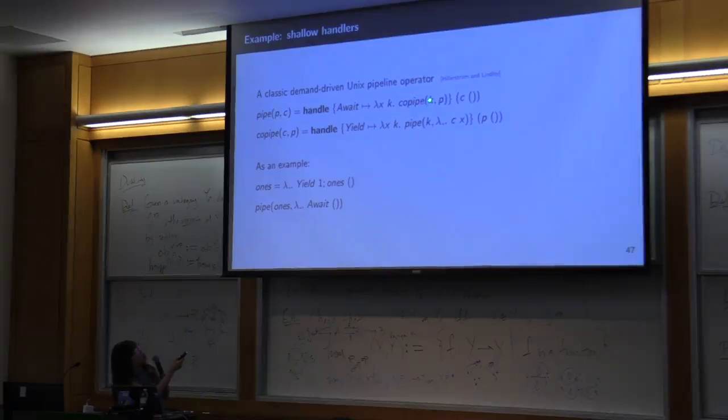This callback passes the current continuation, which is nothing, just the end of the program, and you pass in this ones as P. When you run this P, it calls yield, and the rest of the ones would be the continuation K. You call pipe with the rest of the ones, but you resume the consumer function with the one resource you produced. The consumer function in this case just returns the value. So you do still have the producer as a continuation here, this P. It's just that in this case the consumer does not call await again, so that P is not used.